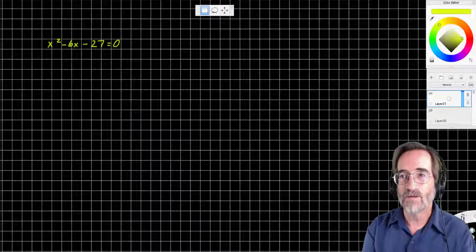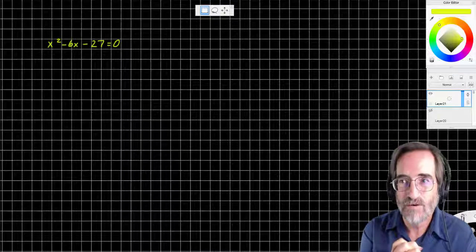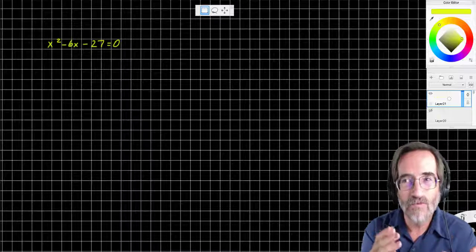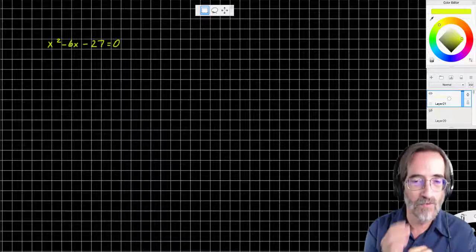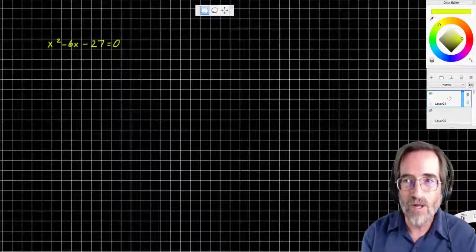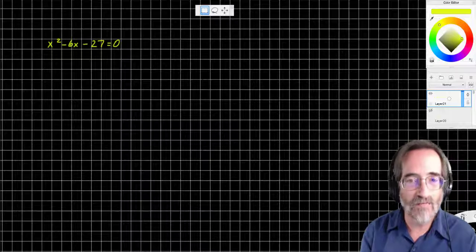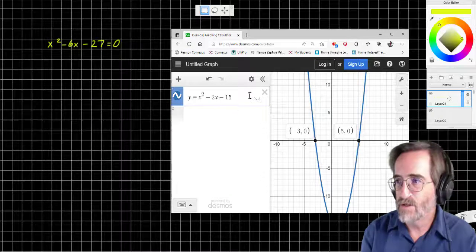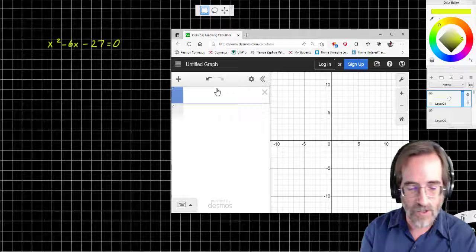I have an equation on the board, x squared minus 6x minus 27 equals 0. Remember, when we have it in the form equaling 0, everything on one side and 0 on the other, we can solve graphically by graphing the left side of the equation and looking for x-intercepts.